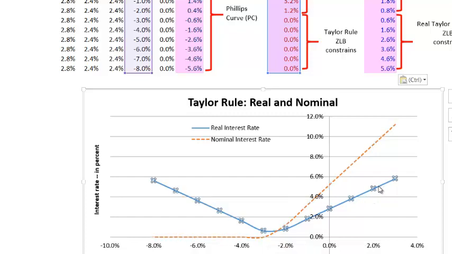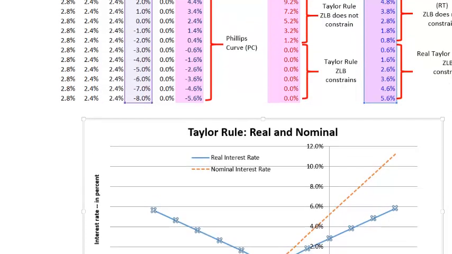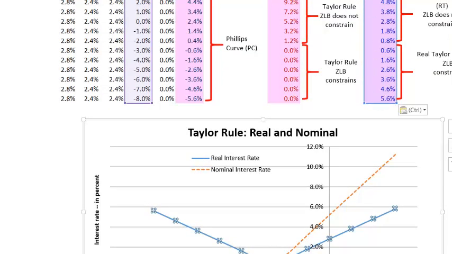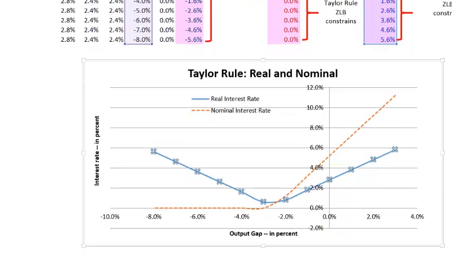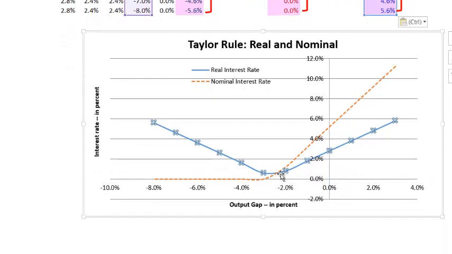Now let's click on this line here, and you can see that this is our line for the real interest rate, the nominal interest rate minus the inflation rate. So long as the zero lower bound does not constrain, we have a positive relationship between the output gap and the real interest rate.